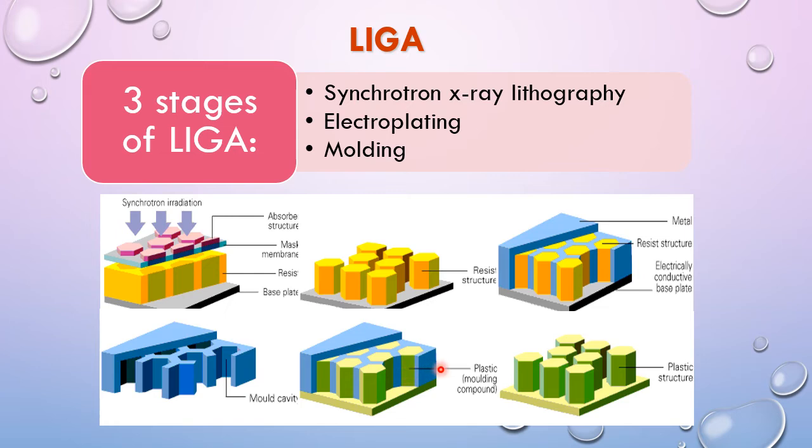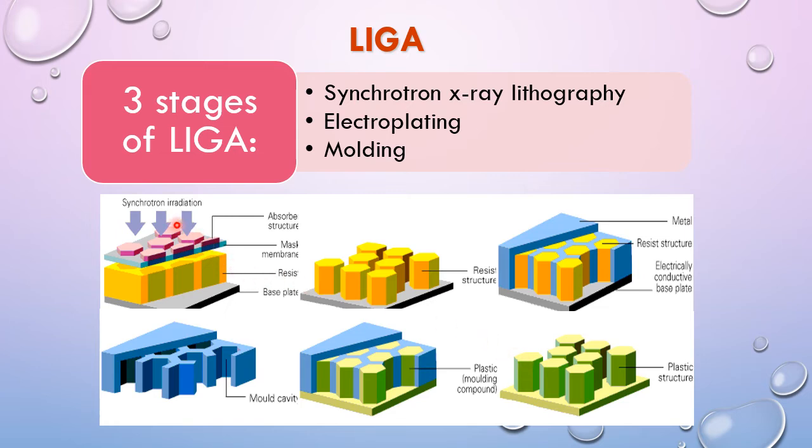Okay, it means that this will act as the mold for the mold cavity, and then you can place the plastic structure inside there, and then remove the metal structure here, the plating, and then you will get the final product. Okay, so that's the three processes of the LIGA.